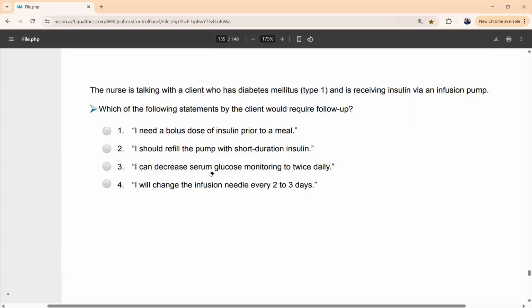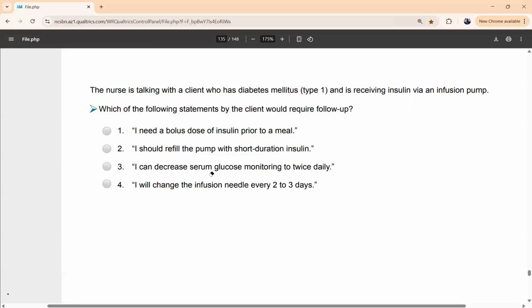I'll continue to 3. I can decrease serum glucose monitoring to twice daily. Why can I decrease serum glucose monitoring to twice daily? So it's just monitoring. I will put a question mark.